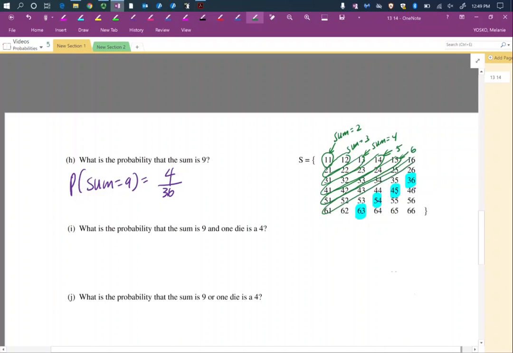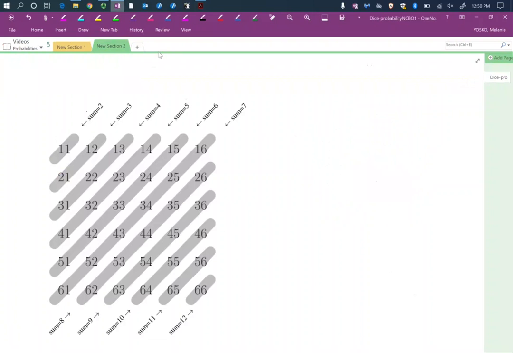This sum is 7. This sum is 8. This sum is 9. This sum is 10. This sum is 11. And this sum is 12. They're always going to be like that. They're going to be in a diagonal. So here you go. Here's another way of looking at it. Okay? A little bit neater than me circling it. Hopefully you see how this works. Let's try some more.